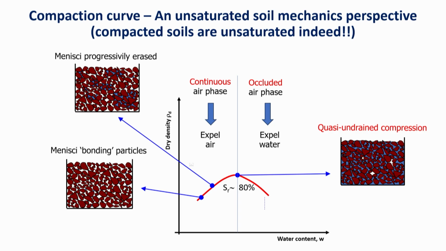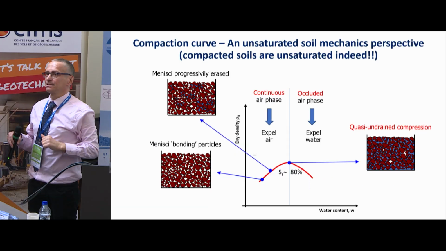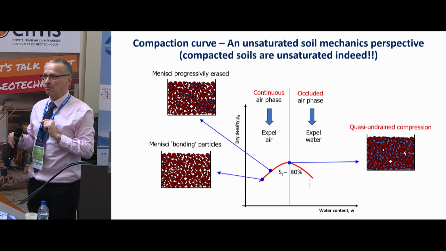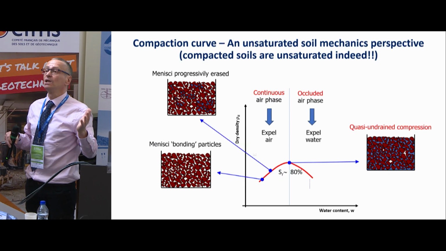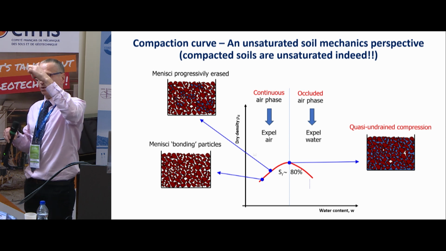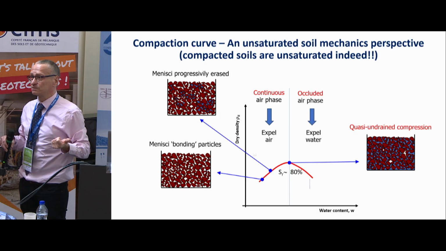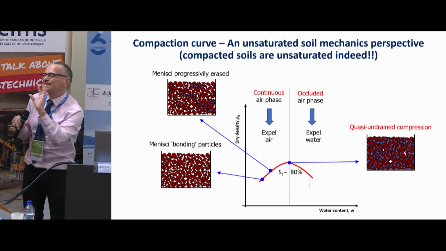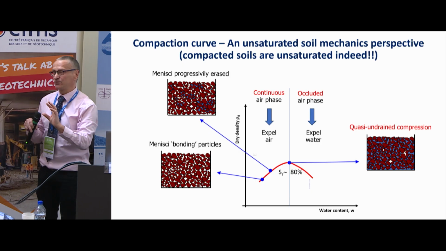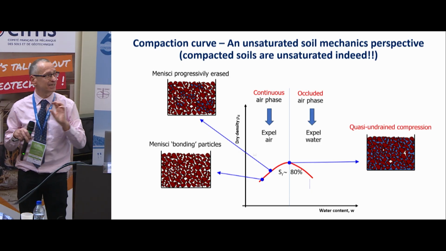Now, forget about this. Imagine that you have an oedometer sample, laterally constrained, fully saturated. You are loading it, and you have no drainage. You are never going to compress the sample. That's the reason why, when you are loading an oedometer sample, you have a build-up of pore water pressure, because the sample cannot deform. Now, we are not exactly in that range where the soil is fully saturated, but we are very close by.